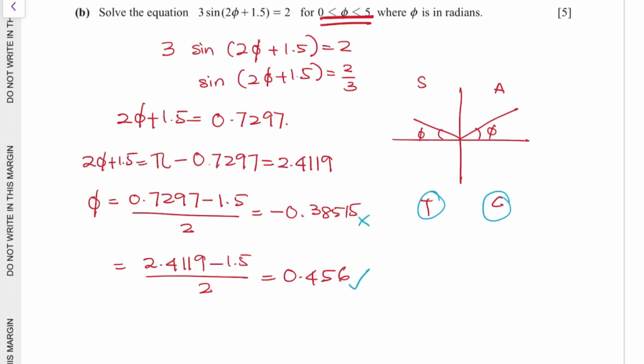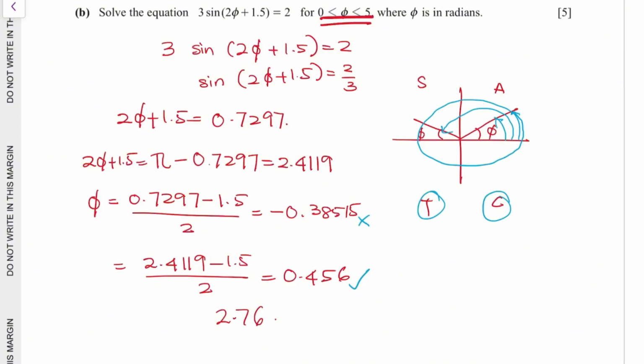Okay, but please do not stop there. It could go from this up until here, or it could go one whole cycle up until this angle, which is 360. 360 is just 2 pi. Okay, 2 pi plus 5. Continuing from that, you should be getting the third one is 2.76.